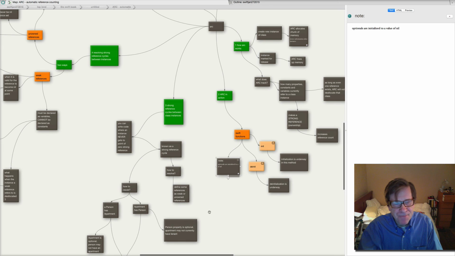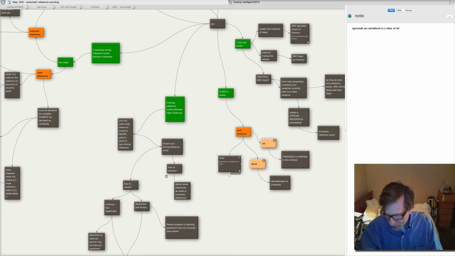Now this happens when you have two instances which refer to each other, both of which can be nil, and both of which have strong references. So, for example, you have a person and they live in an apartment. A person doesn't necessarily have to have an apartment, and an apartment doesn't necessarily have to have a person in it. But in this case, both of them do.